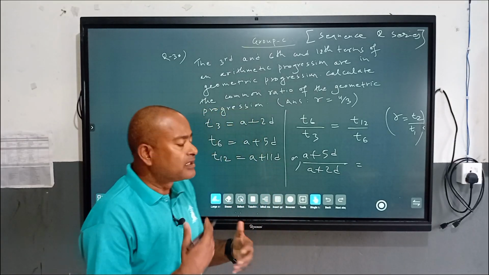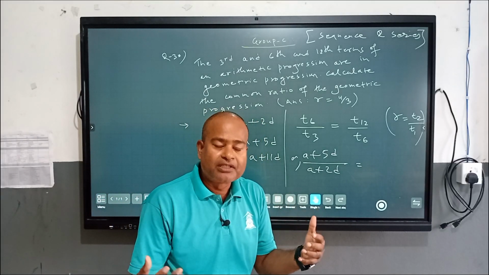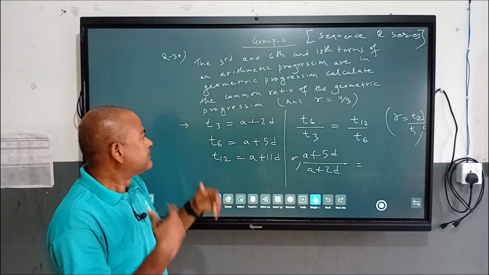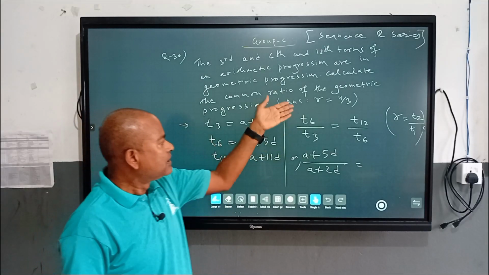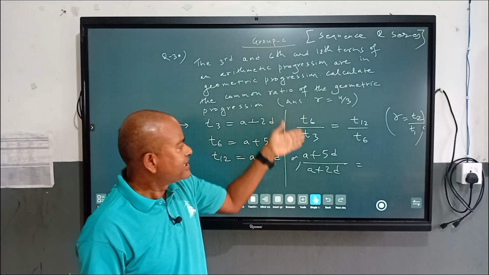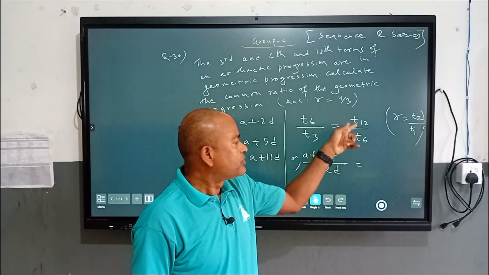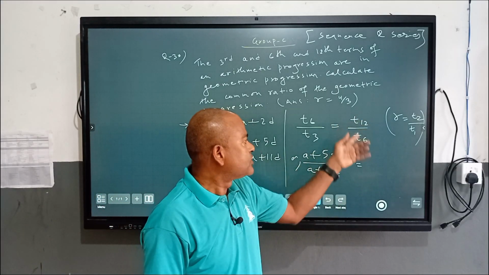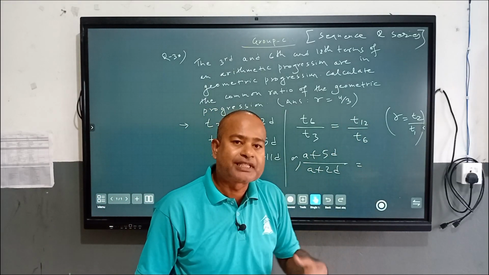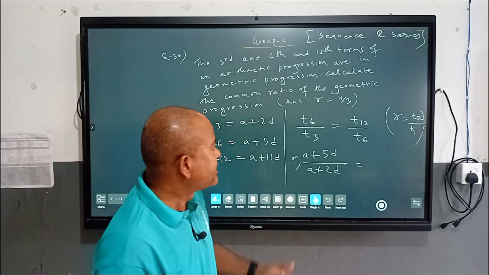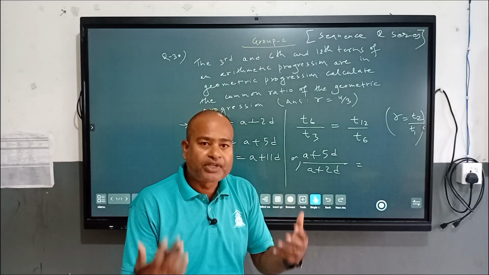After getting the relation between a and d, we'll put the value in the common ratio t6 divided by t3, or in t12 divided by t6. Then we'll get the value of the common ratio, which will be the required answer.